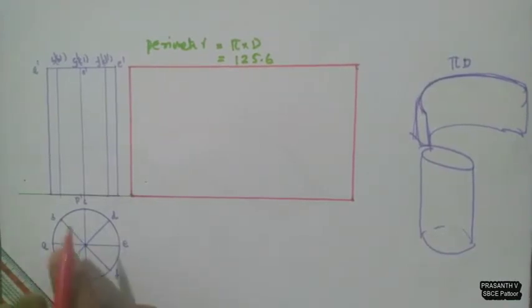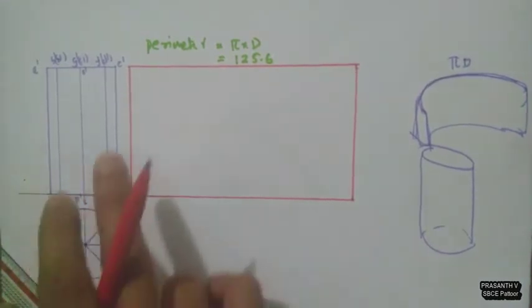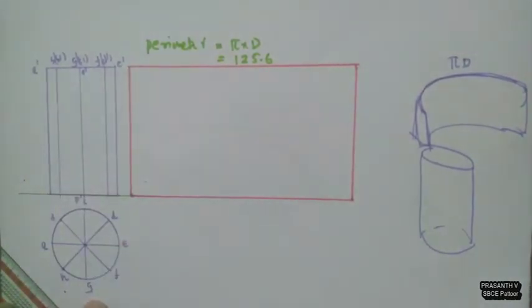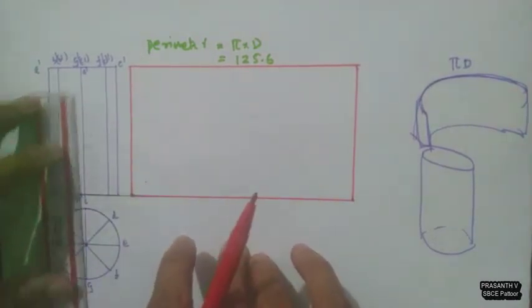Now in the front view and top view we have drawn the generator lines. In the development also we have to draw the generator lines, then only we will get the cutting points.